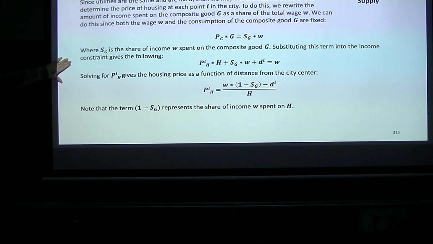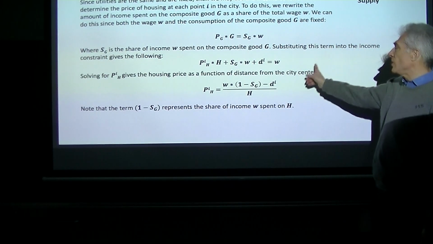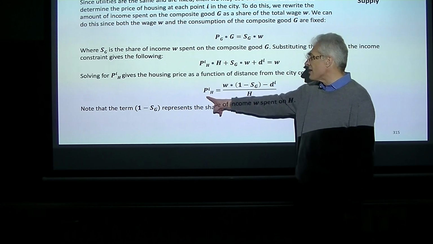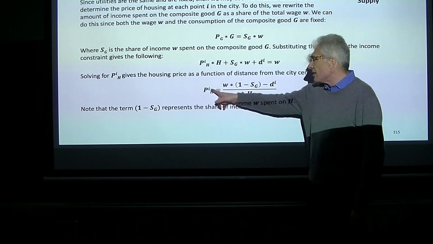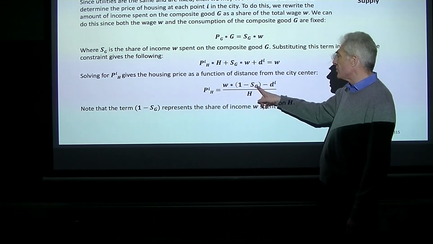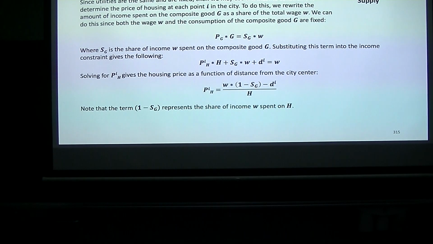So we solve for the model based on the constraints, and the housing price is a function of the distance from the city center. The further you get from the city center, what you're willing to pay for housing falls.